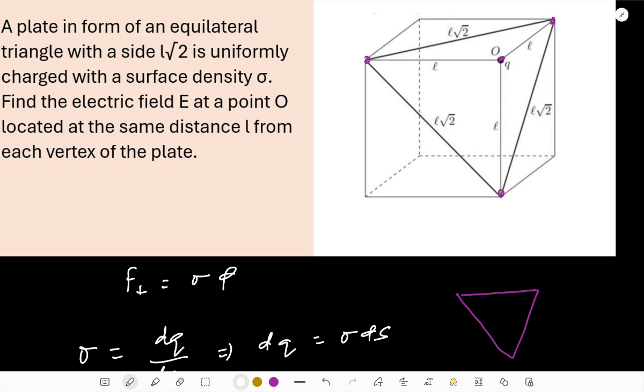So the flux through the 8 cube system will be simply q by epsilon naught due to the charge q, and only 1 by 8 of the total flux from the charge q is the flux passing through this triangular plate.